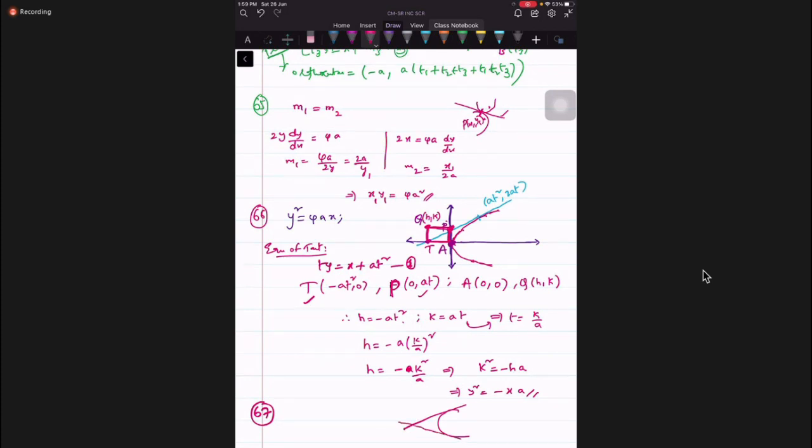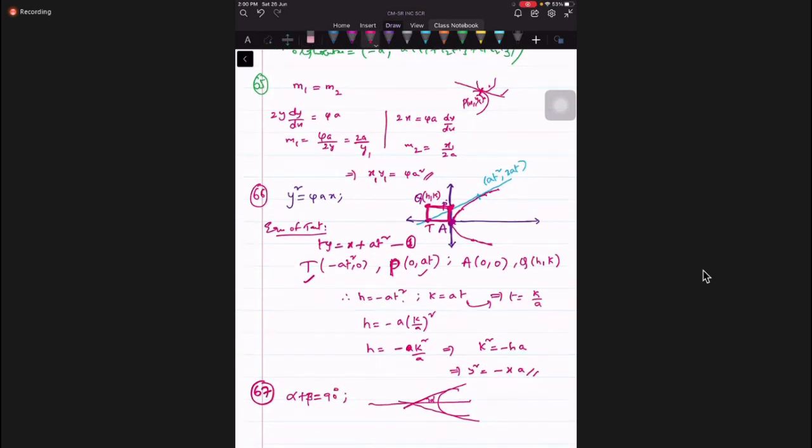And another tangent makes a complementary angle with the axis of the parabola. This is the axis of the parabola. One angle is alpha, the other is beta, and alpha plus beta equal to 90. Now I am taking alpha as the angle of the first tangent.